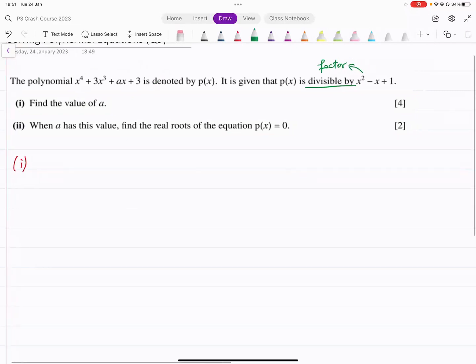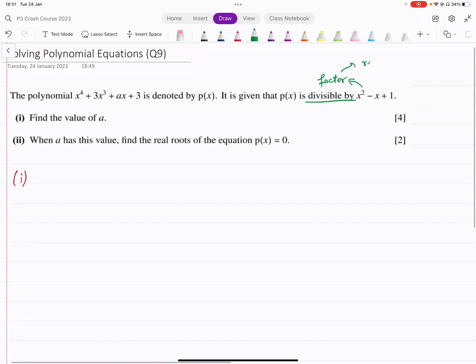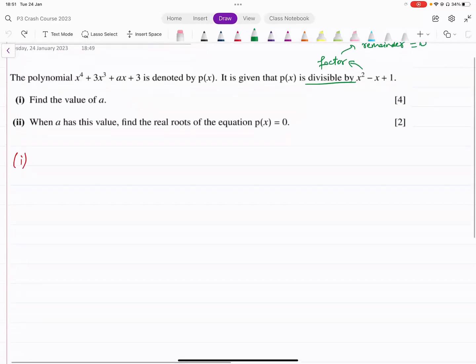Factor means that the remainder that you're going to get is equal to 0. If we were to divide this polynomial by that expression, the remainder is going to be 0. Now, how do you find the remainder? All you have to do is find the remainder and put that remainder equal to 0. And that is going to help you find the value of a.